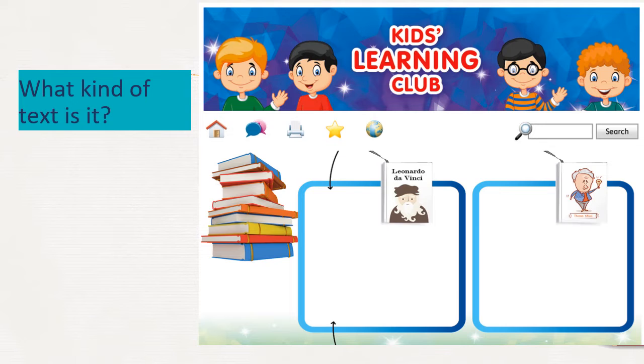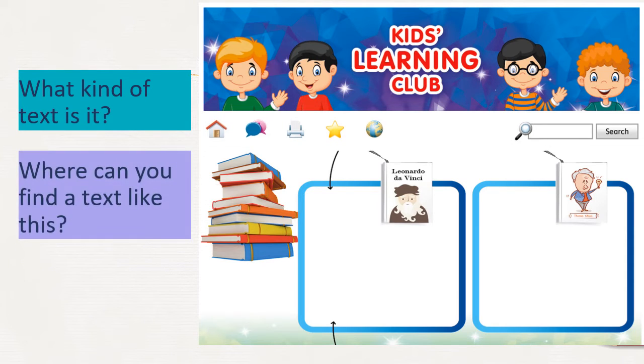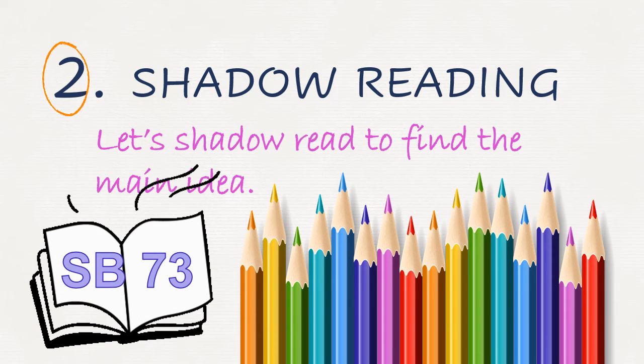What kind of text is this? Before we read, and where can you find a text like this? What is the text mainly about? These are questions that we need to find an answer for while we are going through. Shadow reading. Let's shadow read to find the main idea.